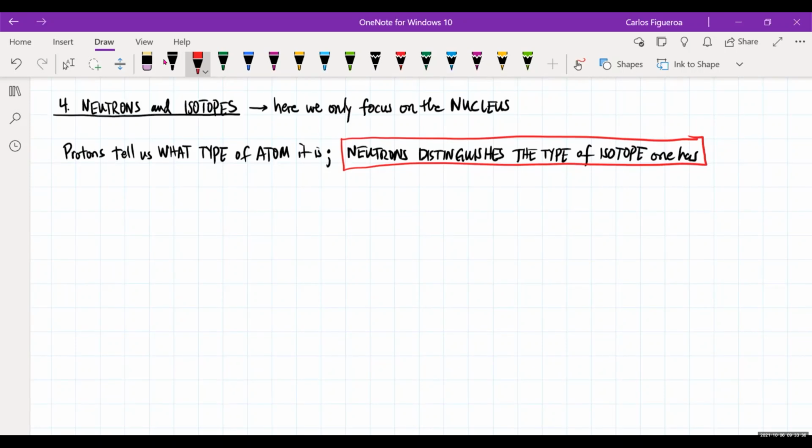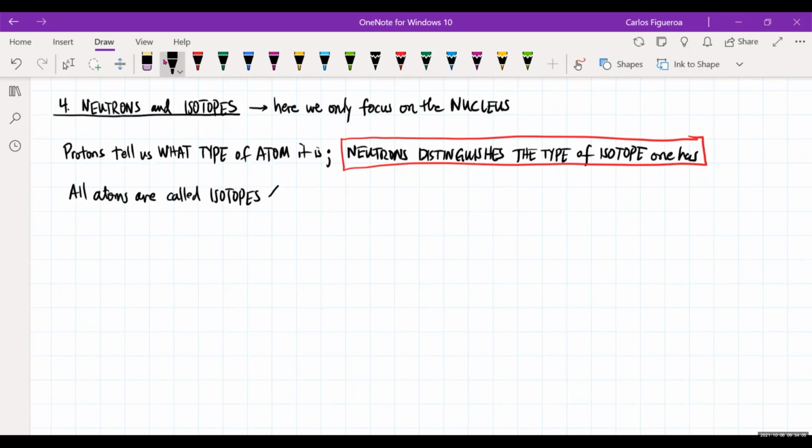And you could have multiple isotopes that are stable. And that's one of the main reasons why they say all atoms are stable. You can have unstable isotopes. So what we typically say is that all atoms are called isotopes.